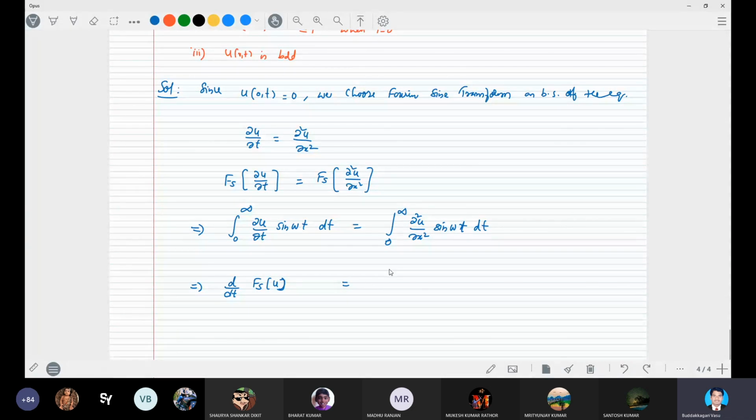What is this? The Fourier sine transform of d^2u/dx^2.